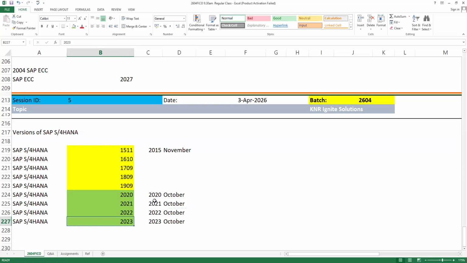Now, how we need to update our resumes, I will tell you. For example, we are saying that we have implemented SAP S/4HANA and have somewhere around 5 years of experience. We are in 2026, and we are claiming the last 5 years. Now, what is the right version?